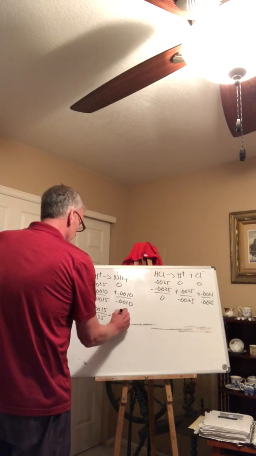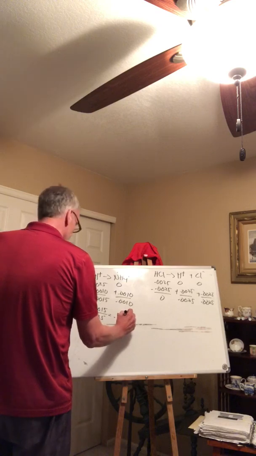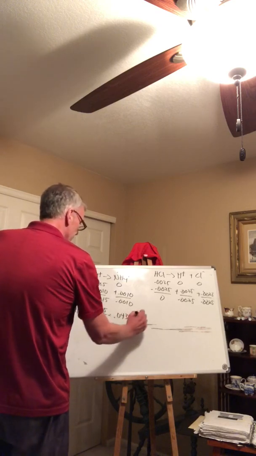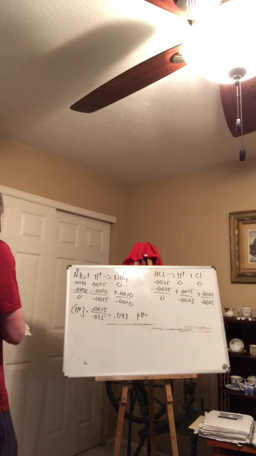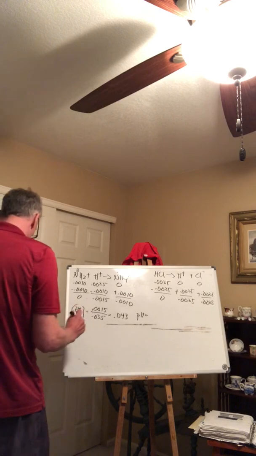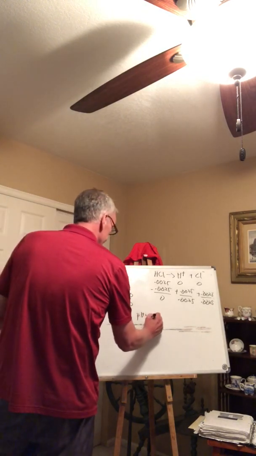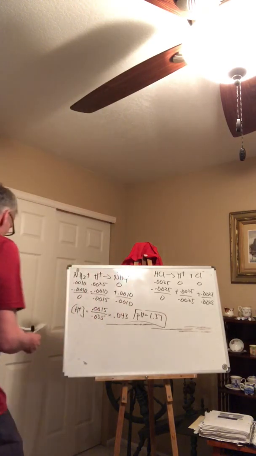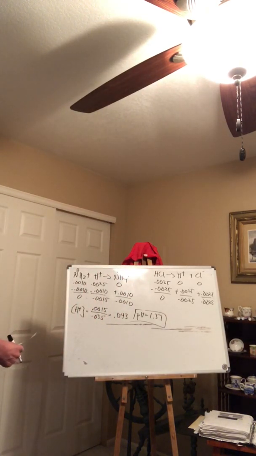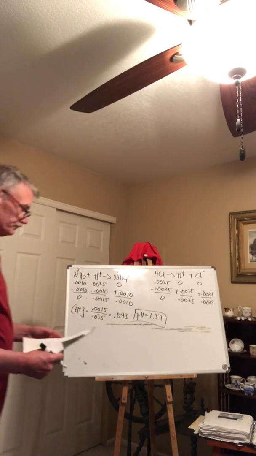So I have 0.043. Then my pH, just the negative log of that, gives me 1.37. So in scenario A, in this titration, 1.37.